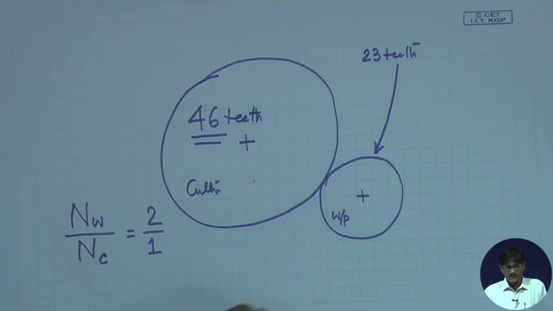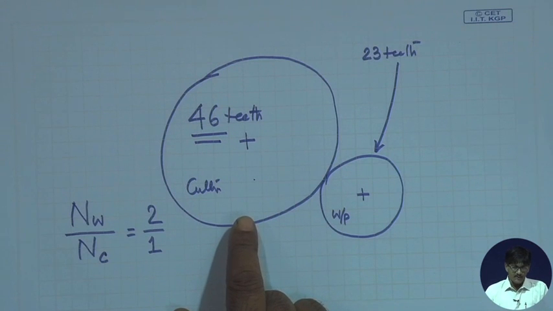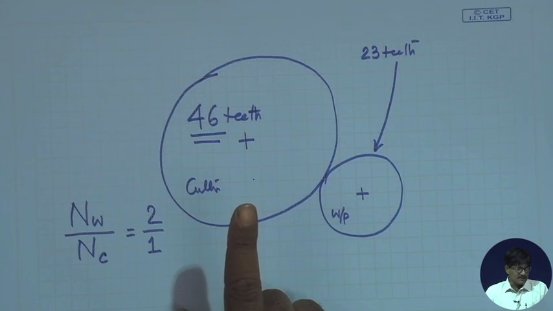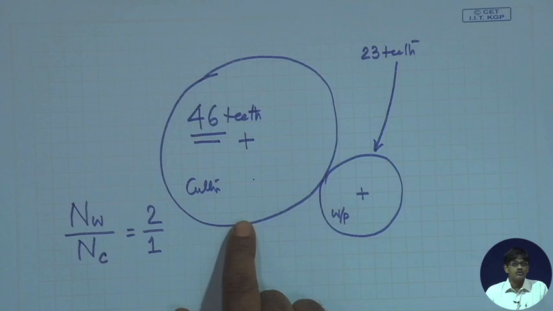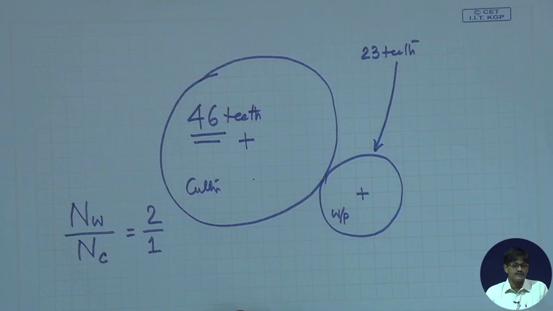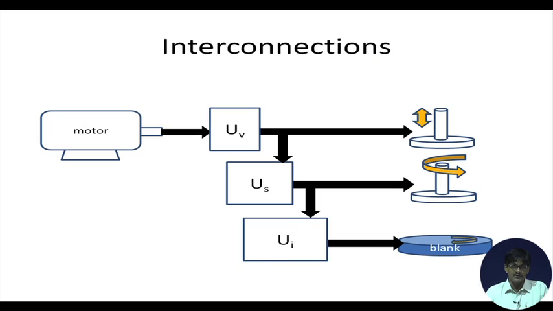Okay. So, to come back to our discussion, UI, the gearbox for determining number of teeth, should determine the ratio of rotations of the cutter and workpiece. This ratio of rotations should not be affected either by UV or by US.